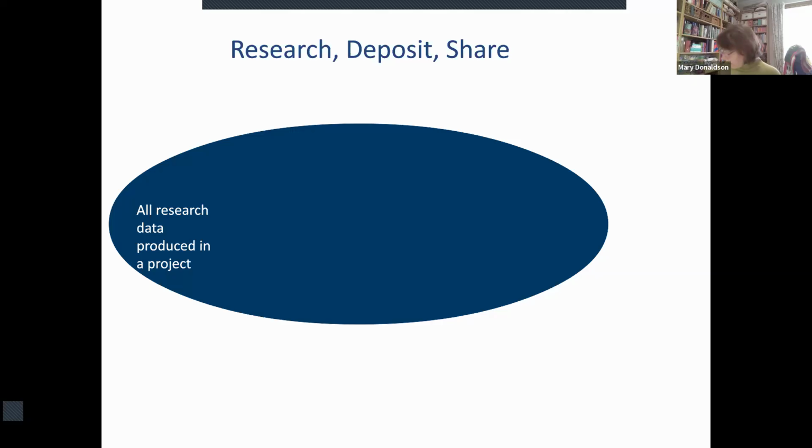So everything that you've got, dead ends, stuff that turned out not to be so useful, the really, really important things, all of it. And then you've got the data that are suitable for deposit. So this data set may have been cleaned. It may have had all the personally identifying information removed from it, if that's appropriate. It may have had pseudonyms added, things like that.